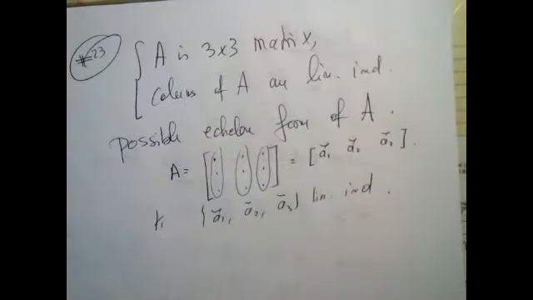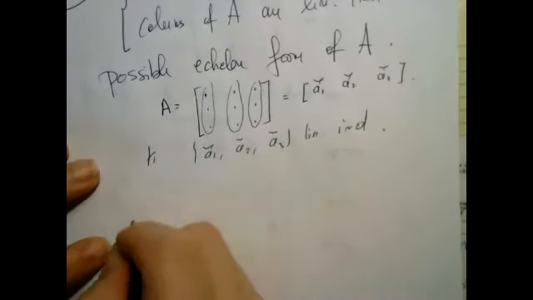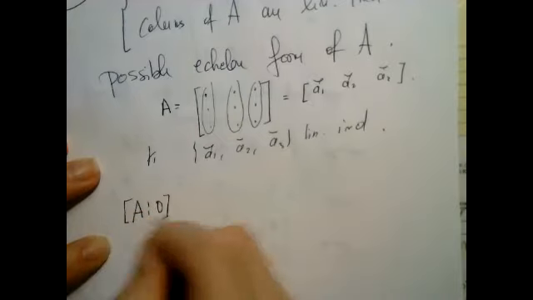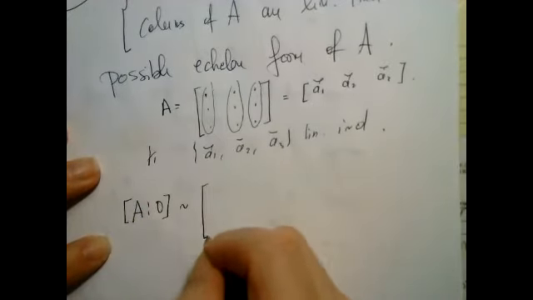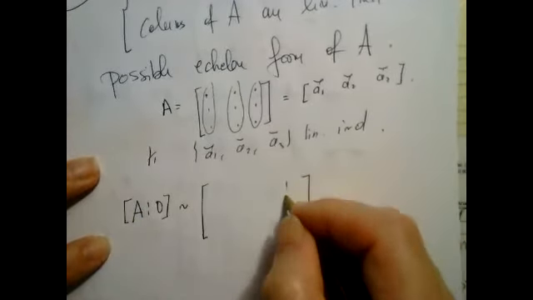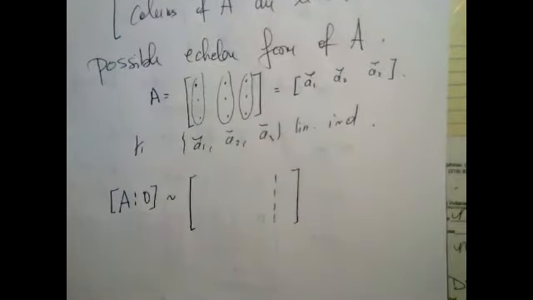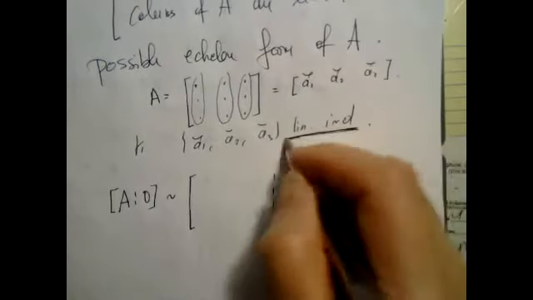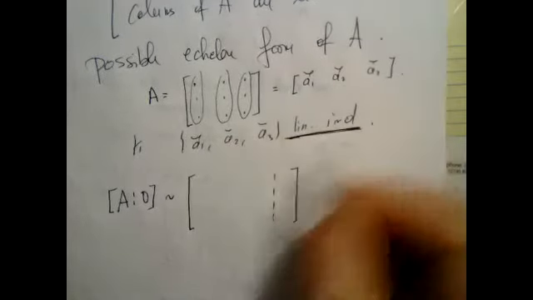I want you to describe the echelon form of A. How should A look? If they are linearly independent, what should we expect here?